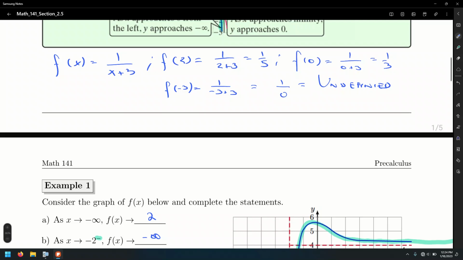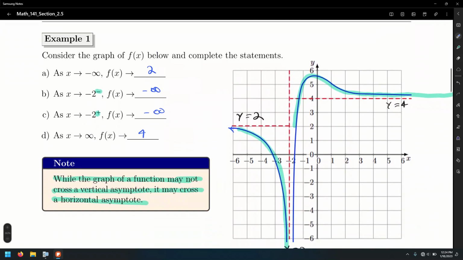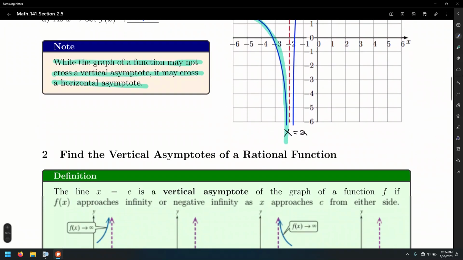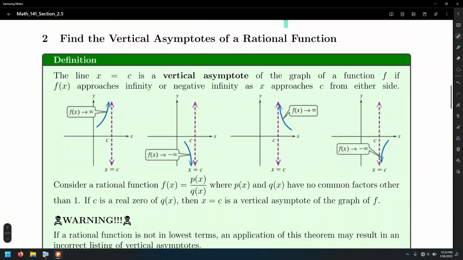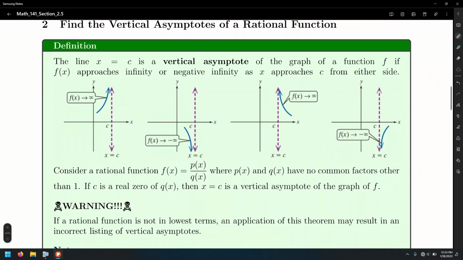So number one, we already had a little visual here of how a vertical asymptote looks. And this picture is from our textbook about how these vertical asymptotes look, how in some situations from the left we can go to positive infinity or negative infinity, depending on the graph that we're dealing with, or depending on how the function is set.